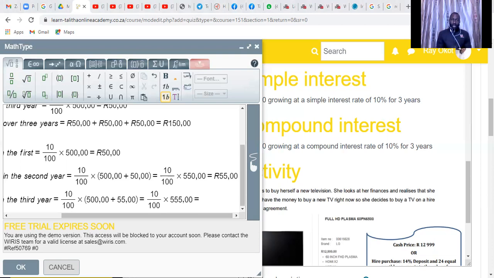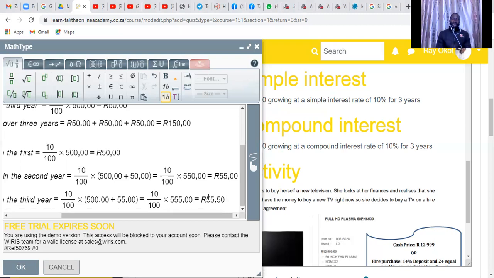This is going to be 55.5. Okay, so this is going to give us 55.5. That is what we get. Okay, so the interest keeps on increasing and increasing like that.